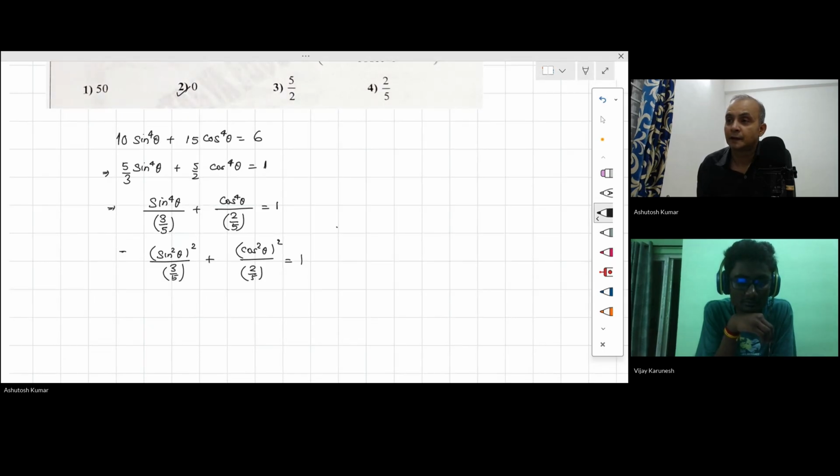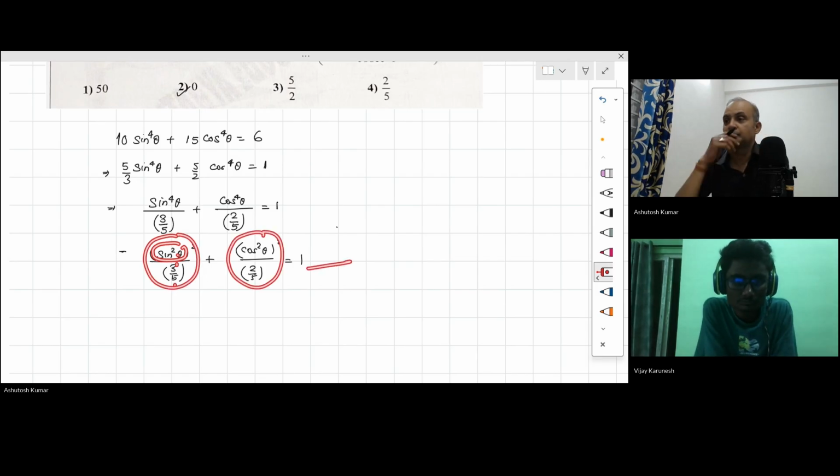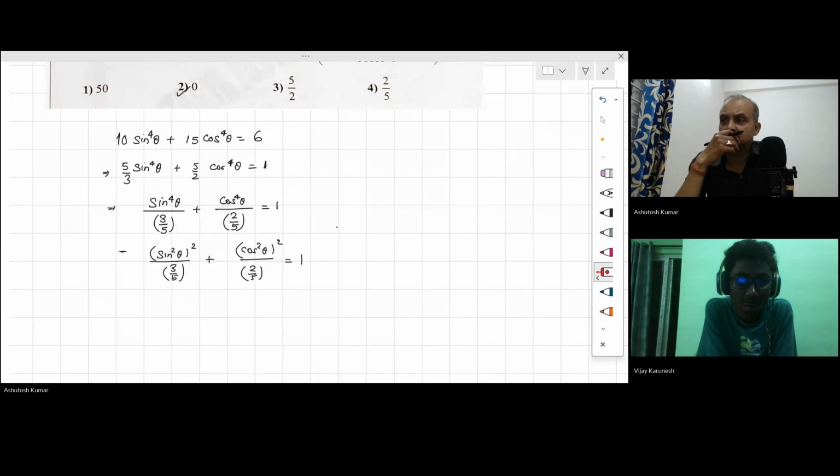Now notice, if I have these two quantities, see here. If I take sine squared theta as 3 by 5, then this will become 3 by 5 and this will become 2 by 5, and the sum becomes 1.